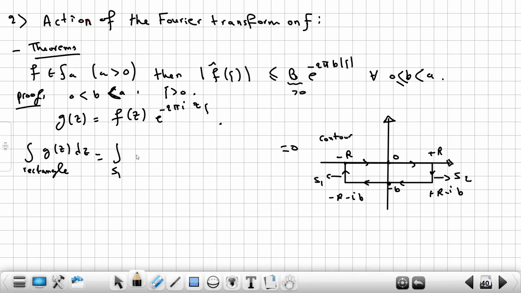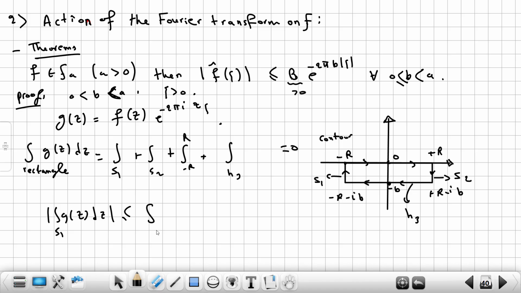So the integral over S1 plus the integral over S2 plus the integral from minus R to R plus the integral from minus R to R shifted down by b, so call this H3, this horizontal line, we call it H3. Okay, over H3. Now the modulus of the integral over S1 of g of z.